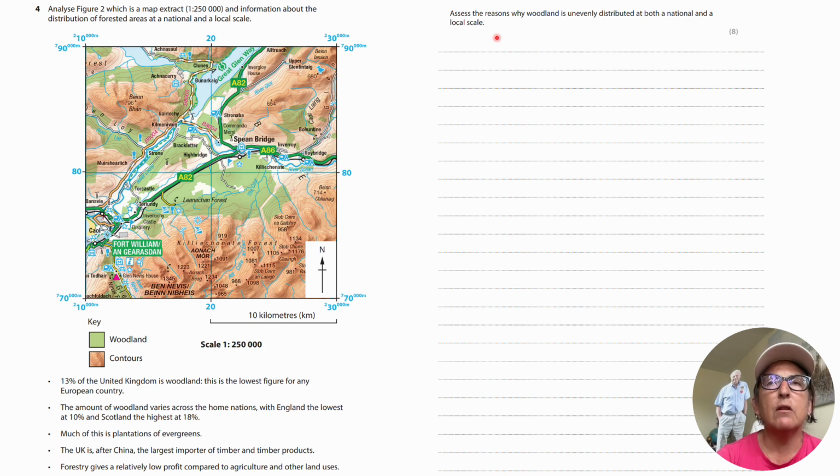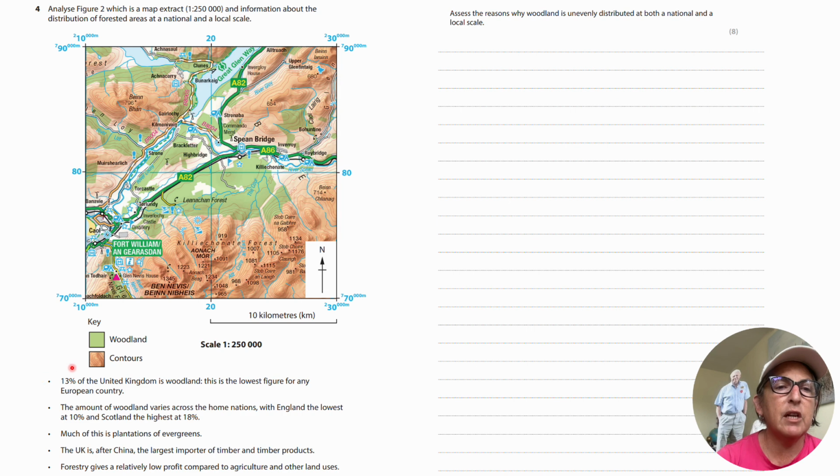So why is it woodland isn't everywhere? And it says reasons. So can you think of 2 reasons why woodland is not everywhere, either nationally or locally? One answer is on here, because you can see there is no woodland where the land is really high. Okay, so the trees can't grow up there. And then down here you've got some other reasons.